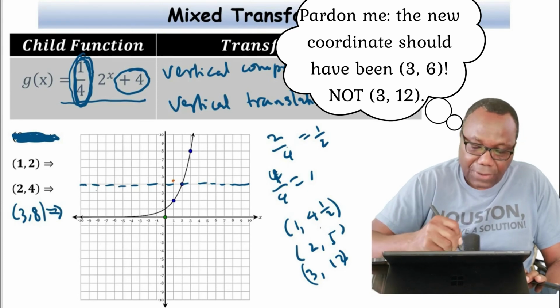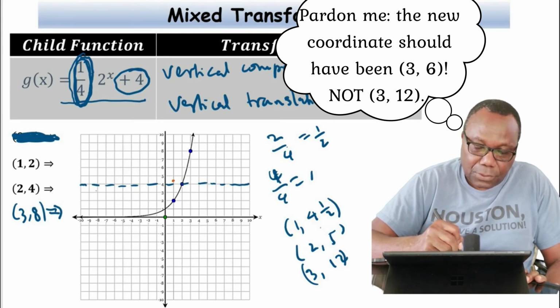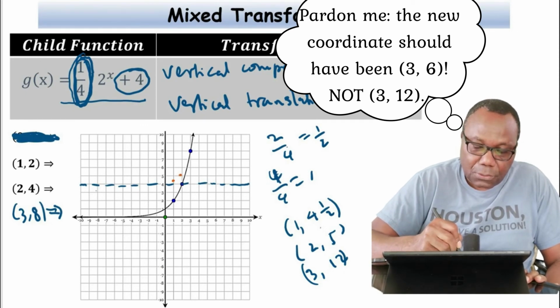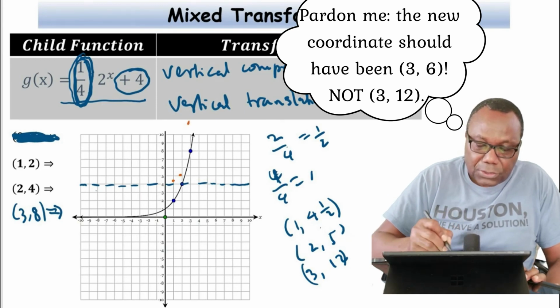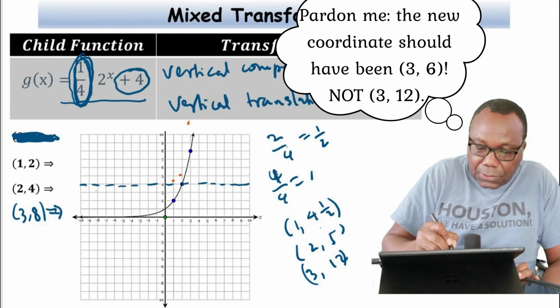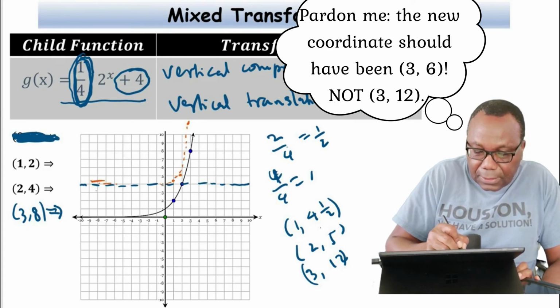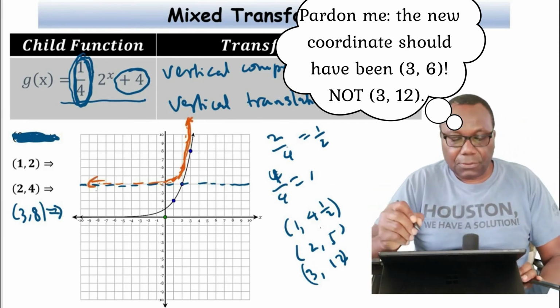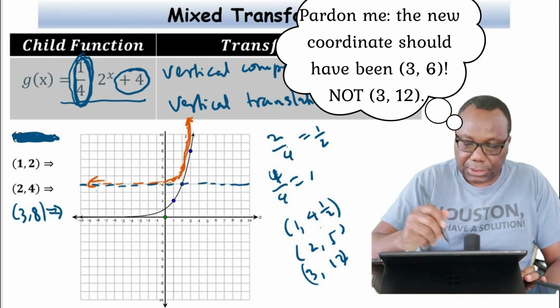Then 2 and 5 will be over here. And then 3 and 12 will be somewhere over there. So the new graph is going to look something like this. All right, so we've applied 2 transformations to get the new graph.